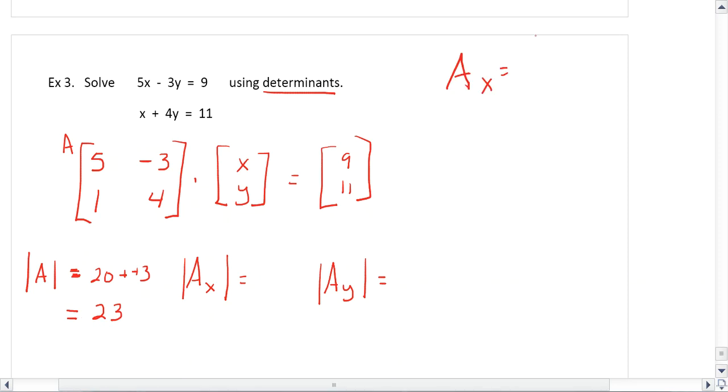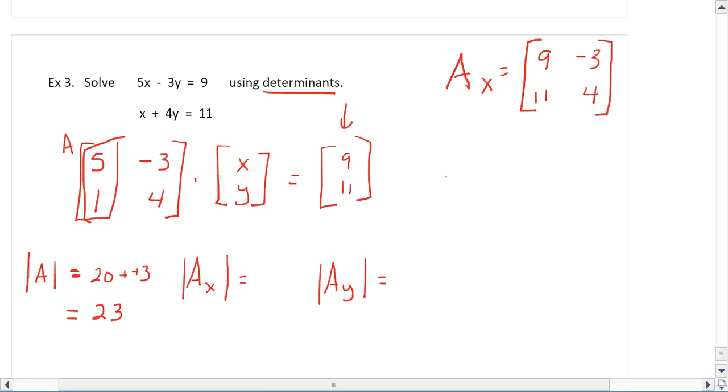Next, let's create matrix A sub x. And the way we create that matrix, see these two x coefficients? You remove them from A and you replace them with the answers. So we take 5, 1 out and we put in 9, 11. And then keep your y coefficients.